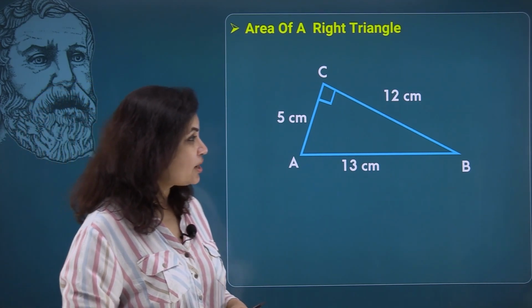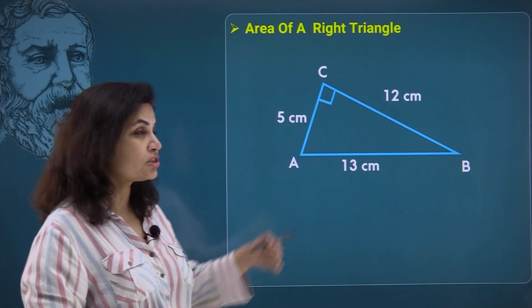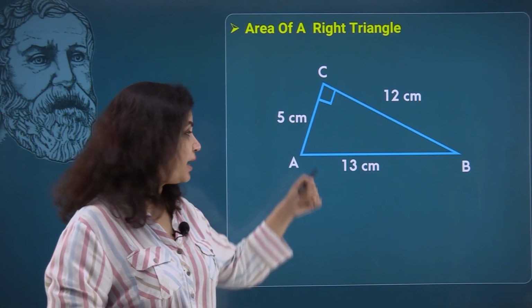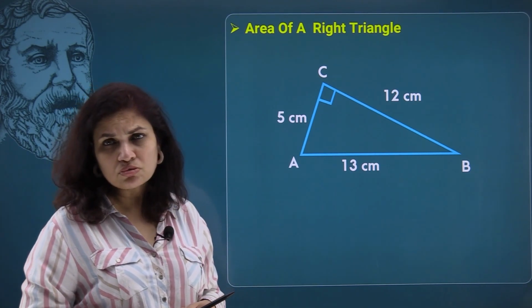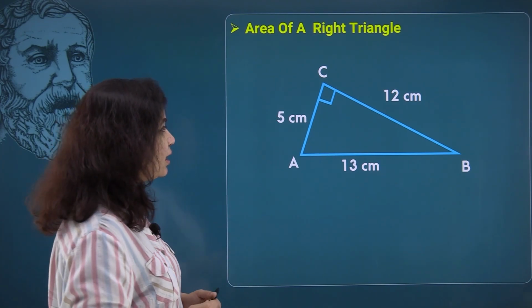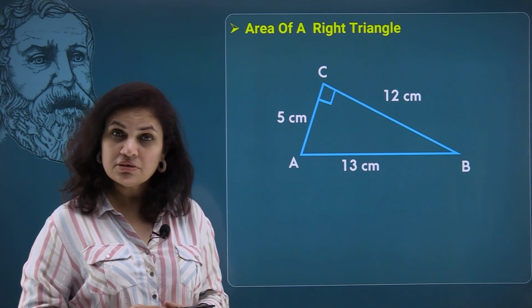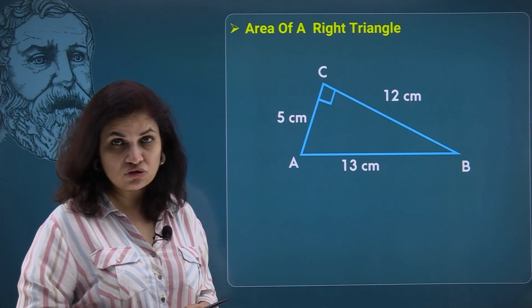Suppose we have a right triangle ABC where the longest side, that is the hypotenuse, which is opposite to the right angle, is given to be 13 centimeter, and the two legs, the two other sides which are perpendicular to each other, are 5 centimeter and 12 centimeter respectively. We may consider any one of these sides to be the base.